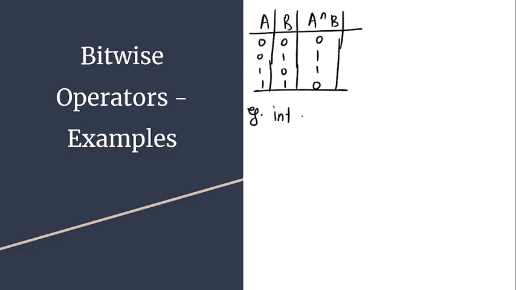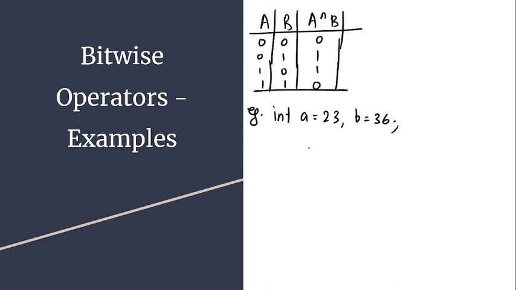I'll be taking rough examples now. Suppose my A is, let's say, 23 and B is 36. Ideally it has to be represented in 4 bytes, that is 32 bits, because int here represents 4 bytes of memory. But for our convenience, we'll be looking at simple 8 bits.